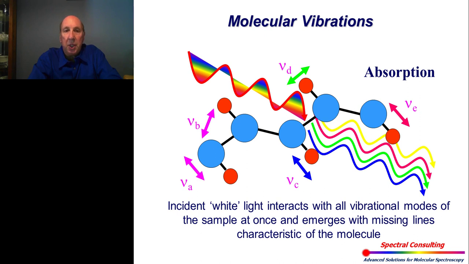And on the other side of the sample, what we get is missing lines, basically. The molecule has absorbed some of that light. And if we compare the light before the molecule and after the molecule, we can actually see a difference in the spectrum. And what we see is an absorption spectrum that is characteristic for that particular molecule.